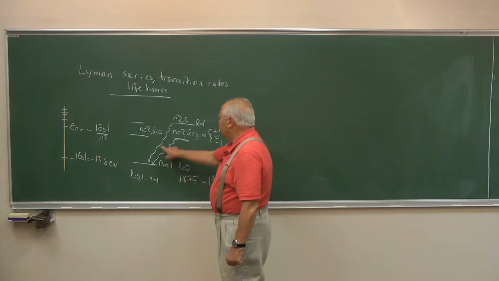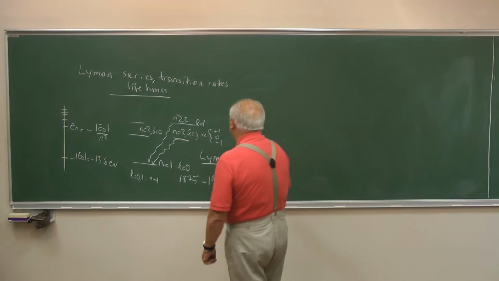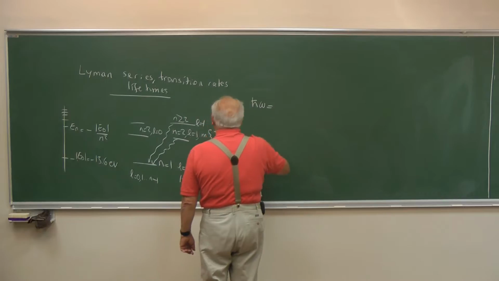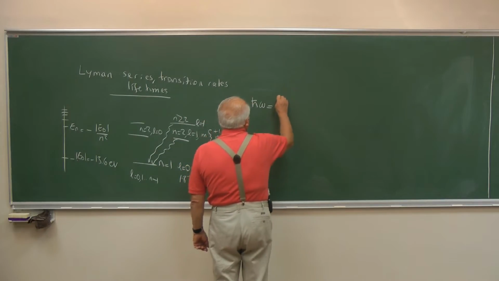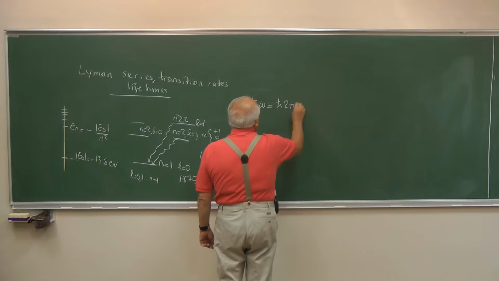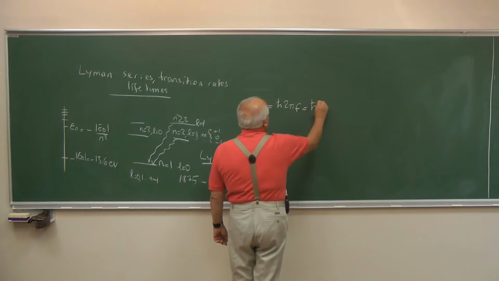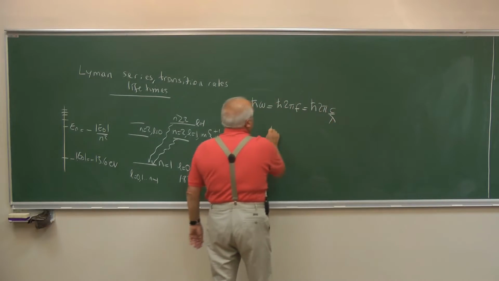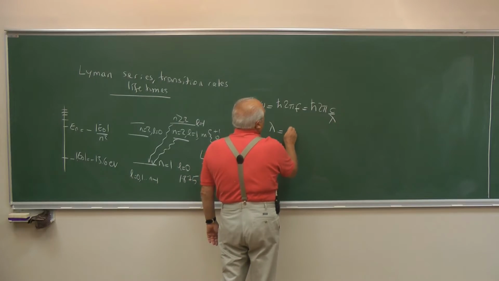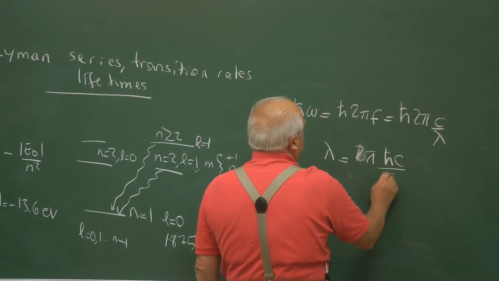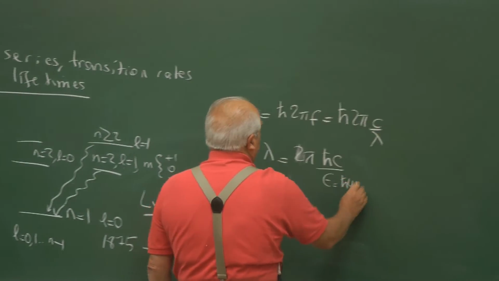Let us look at the photon wavelengths. For example, h bar omega, that's the transition. This is 2 pi f, and this is h bar 2 pi c over lambda, and lambda would then be 2 pi h bar c over this energy, which is h bar omega.